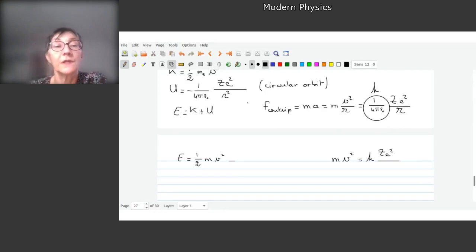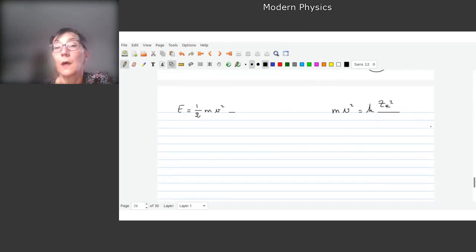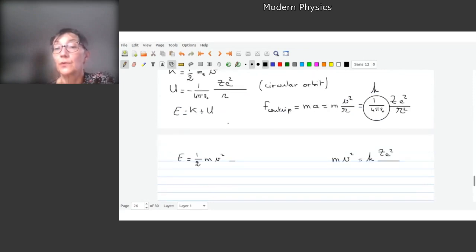Oh, sorry, this is wrong, this is right, okay? The potential energy is 1 over R and the force is 1 over R squared. And so mv square is equal to kZe square over R, because you have R here.